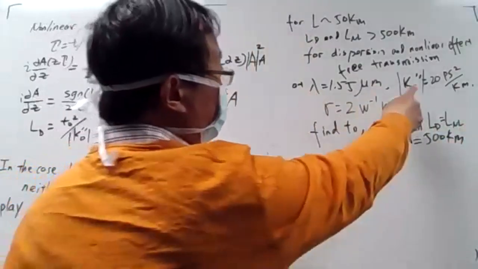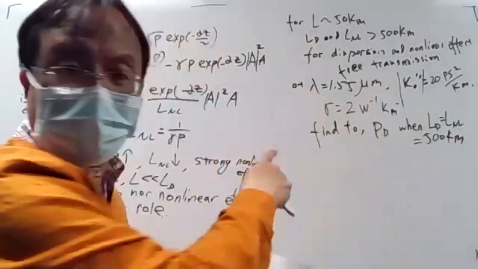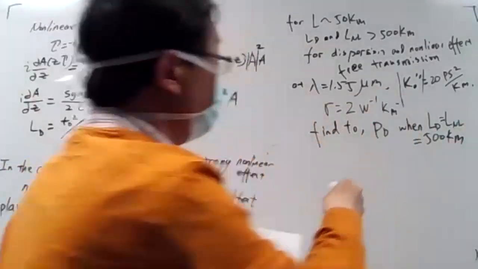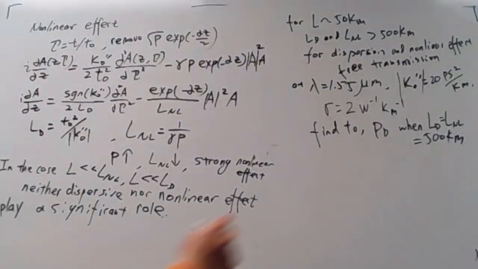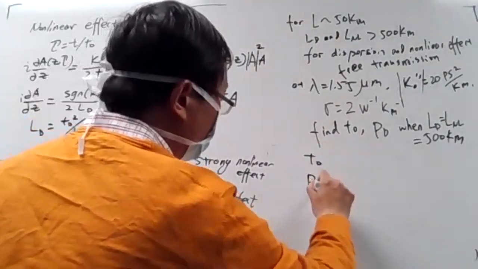This is my lambda, K naught double prime, gamma, right? And we'll find the T naught. How much is the T naught? How much is the P naught?